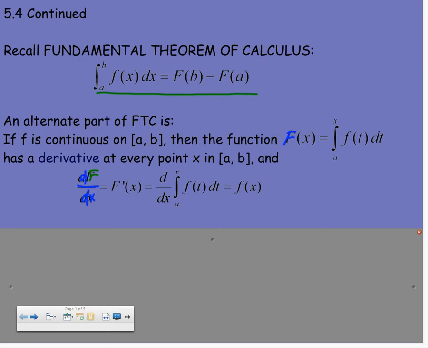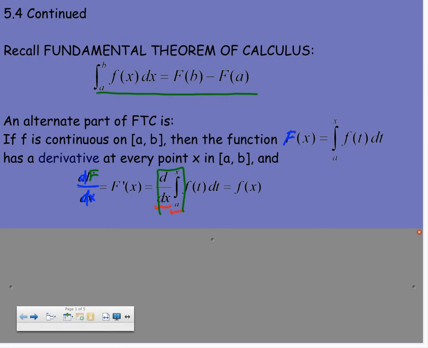Hopefully this makes sense, because don't this operation, the derivative, and this operation, the antiderivative, kind of cancel each other out, just like a square and a square root would cancel each other out? So these two together are just going to cancel each other out, and you end up with just f.